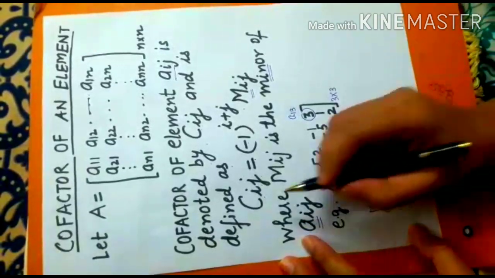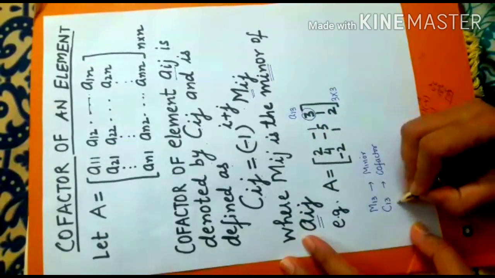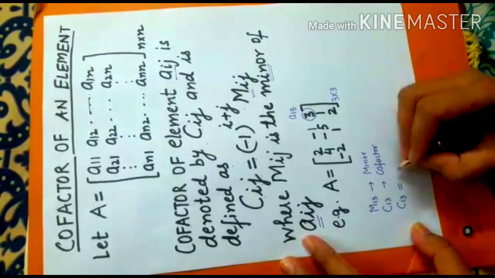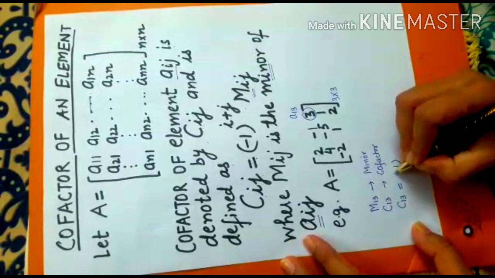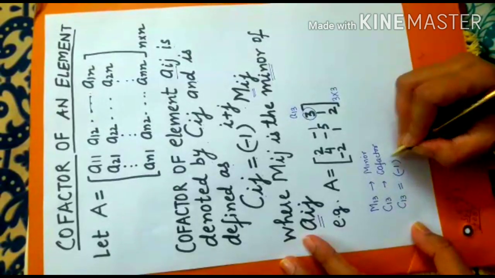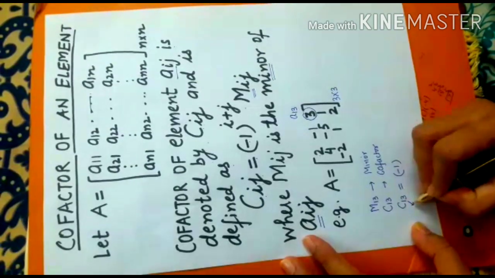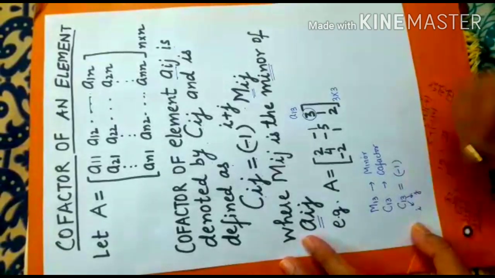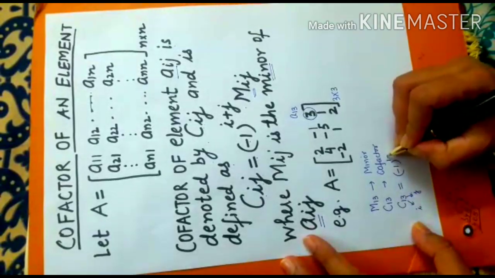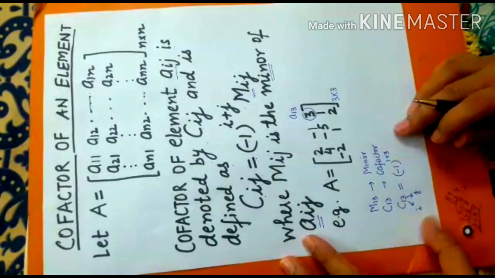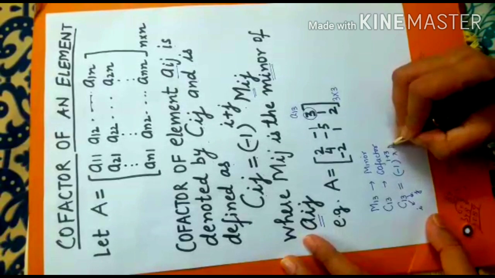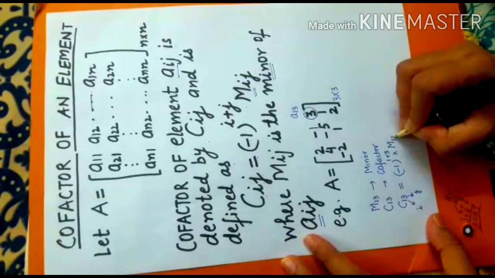According to the definition, C13 equals minus 1 raised to the power i plus j. Here i is 1 and j is 3, so it is minus 1 raised to the power 1 plus 3 into M13.